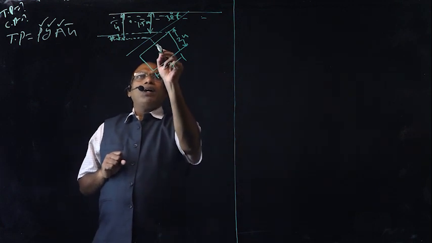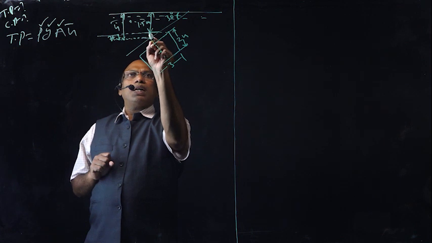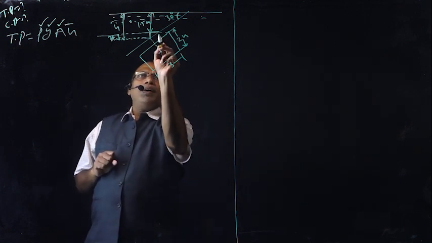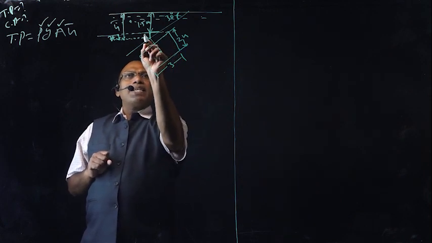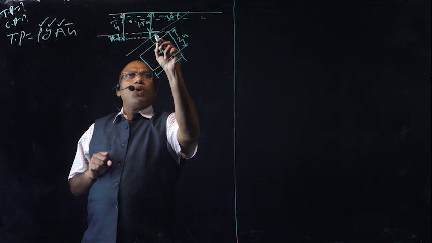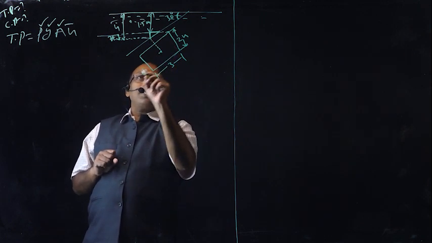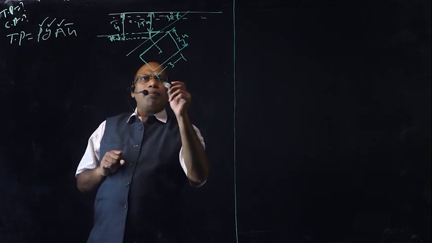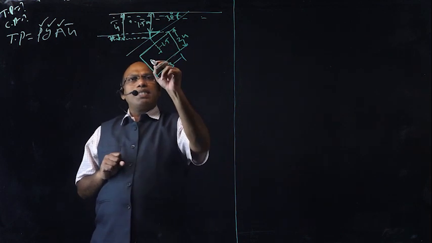Now, this is x. Because this is the top edge, this is the center. The total depth of the object is 3 meters. Therefore, this is 1.5 meters.